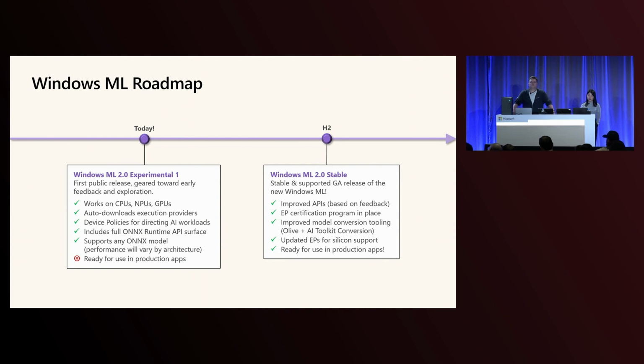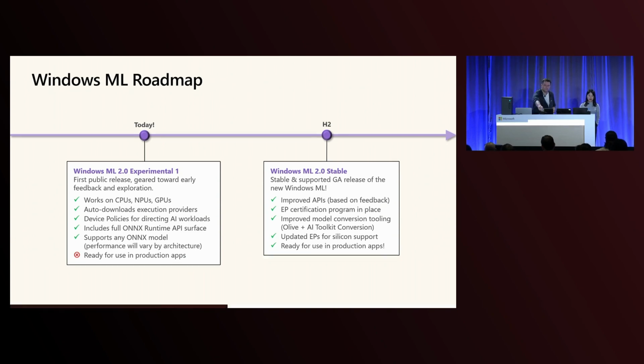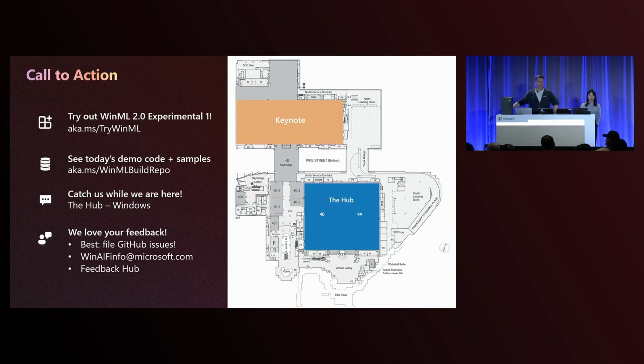This will be the first fully supported launch, and that will be ready for production use. It will have a lot of improvements, especially based on your feedback today. We really hope that you'll find this useful, and it's going to help you make a great AI experience on Windows. All right, with that, I'm going to wrap up our talk today.